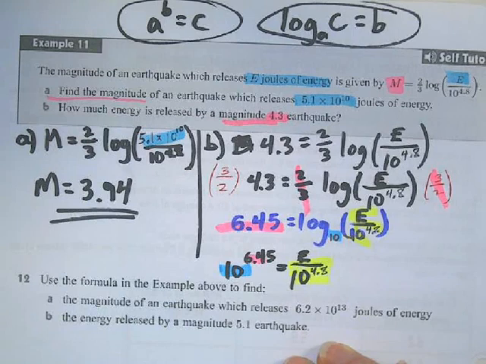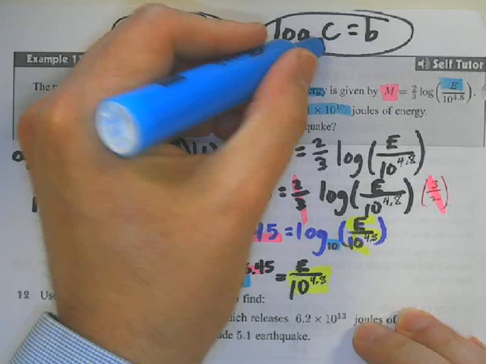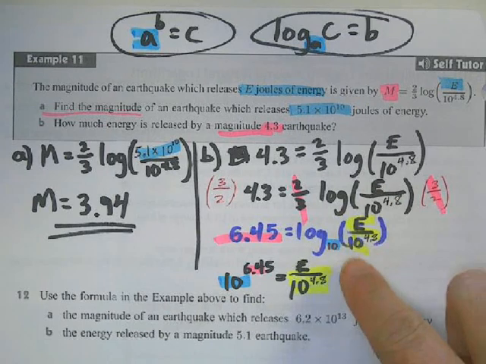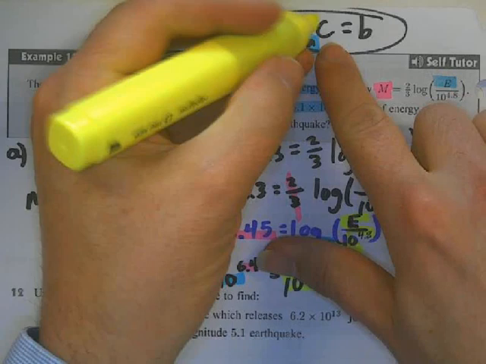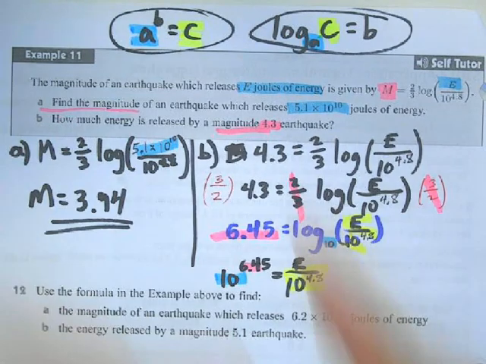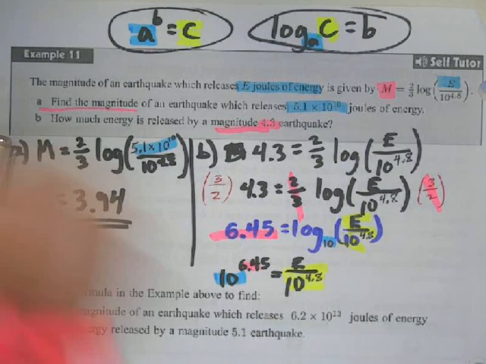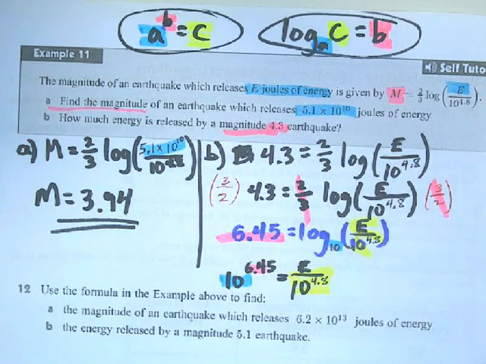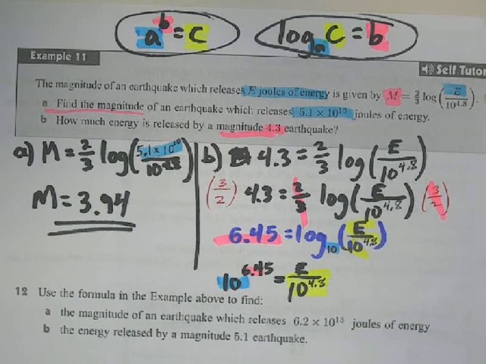Let's just look up here. The base of 10 is now my exponent base. This yellow value, my argument in the log form, now becomes what it's equal to. And the exponent, which is all by itself on the other side of the log form, now becomes the exponent. It might help to write this conversion factor on your summary page before the test, and practice going back and forth.